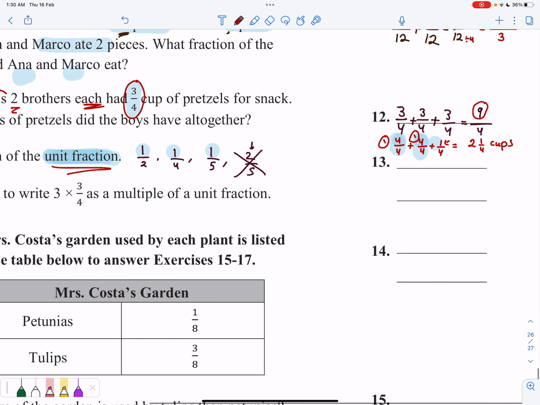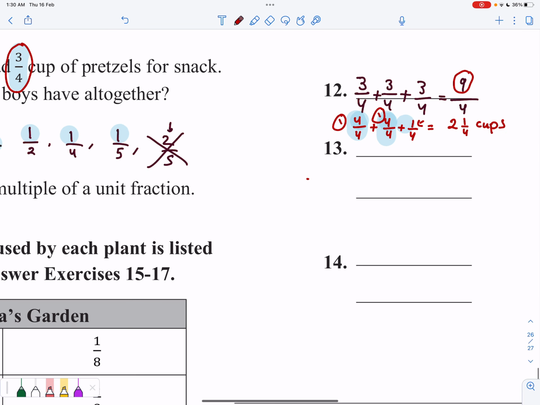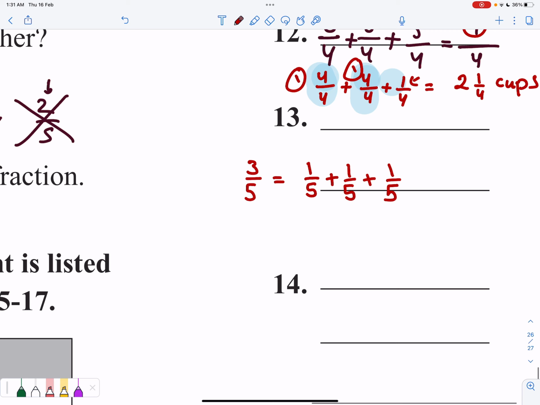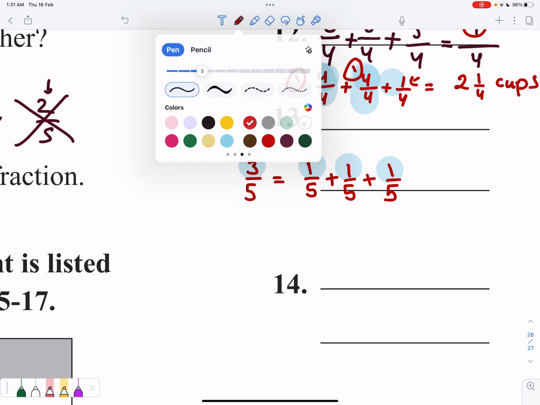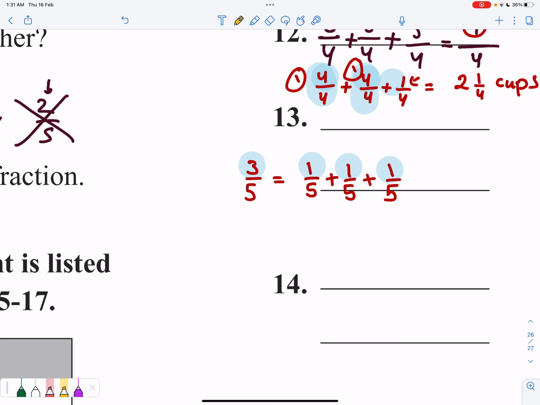We can write the 3/5 as 1/5 plus 1/5 plus 1/5, right? When we add them, we add the 1 plus 1 plus 1, and we will get 3/5. And of course these are unit fractions because all of them have the number 1 at the top.